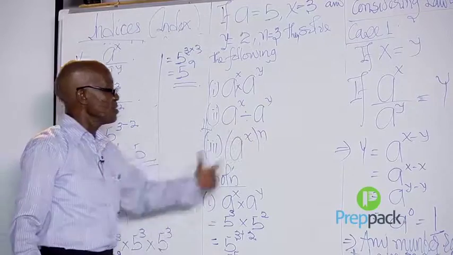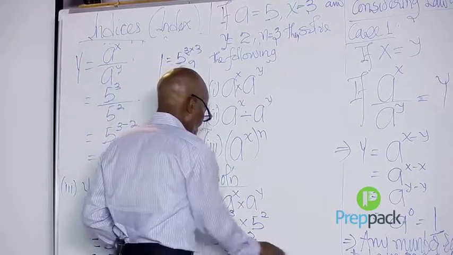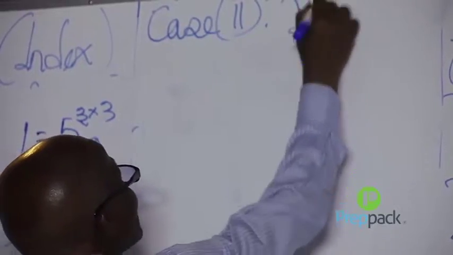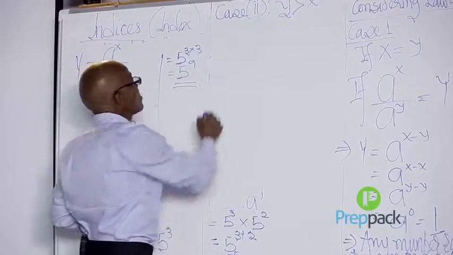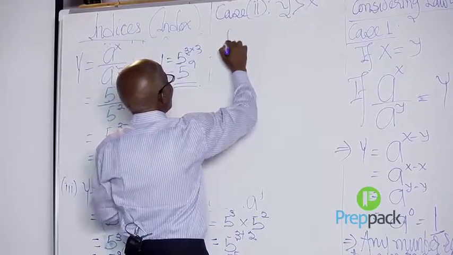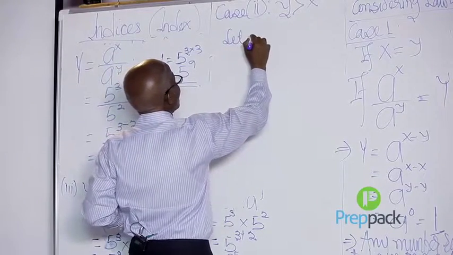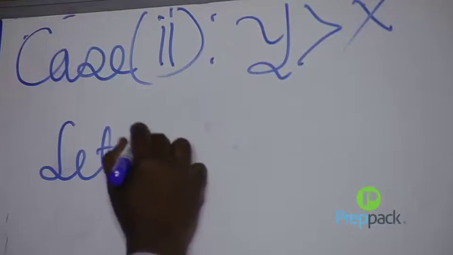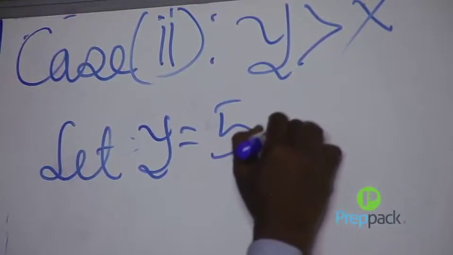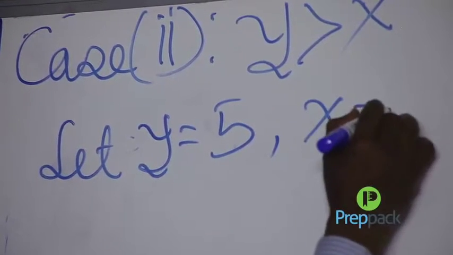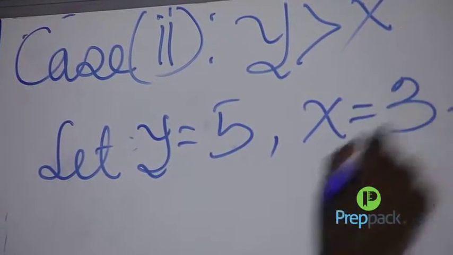Now the other case, case 2, y is greater than x. Example, let y be equal to 5 when x is equal to 3.